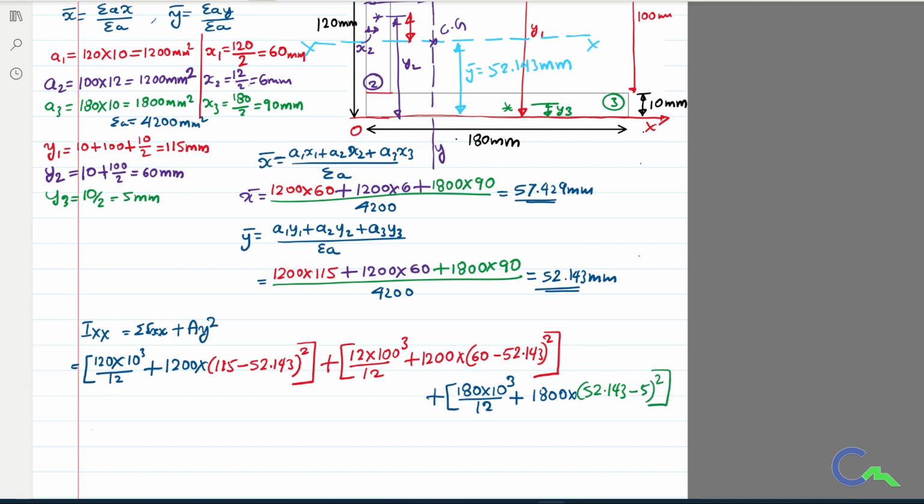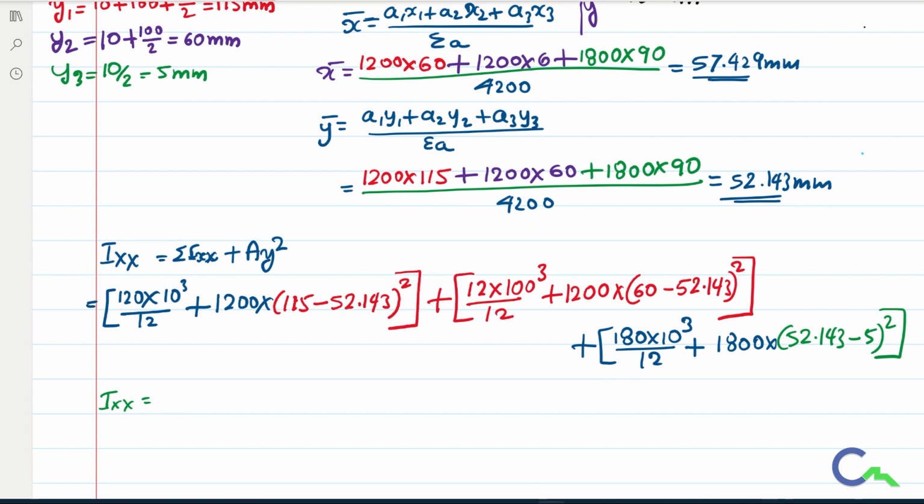If you do the calculation, I will get the value of Ixx. After calculation, we are going to get the value 9.840 into 10 to the power 6 millimeter to the power 4.